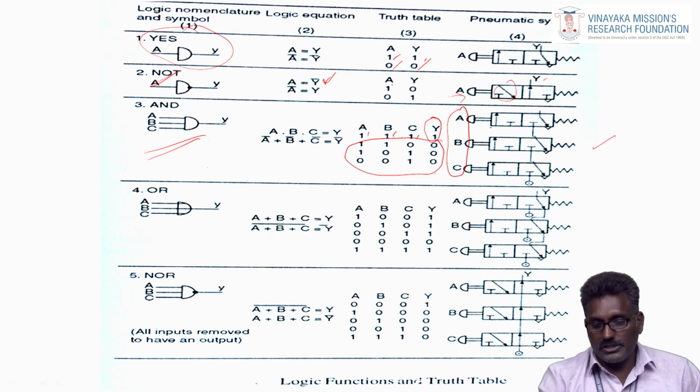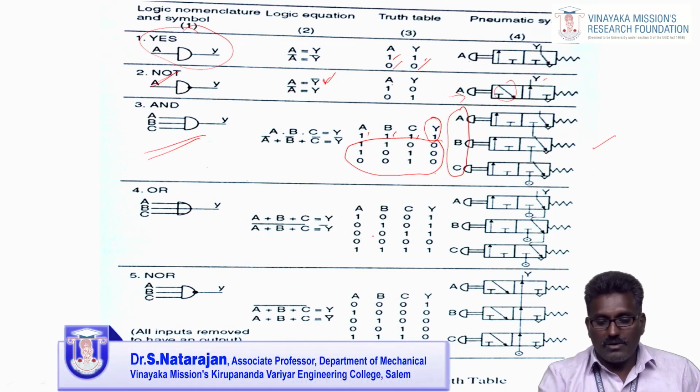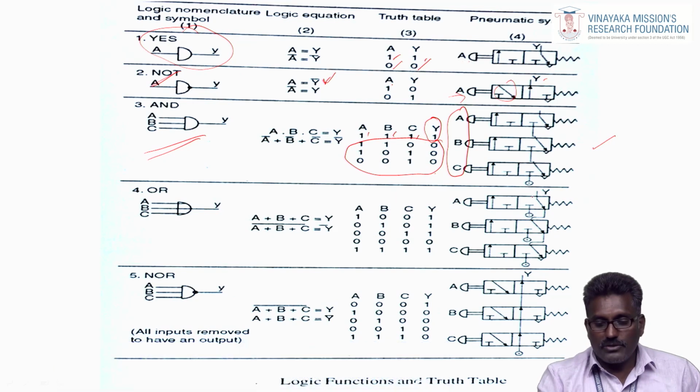And then the OR logic. You see in this OR logic, each and every switch is powered with compressed air. A is connected to the compressor, B also, and C also. Here you press any one button, and the output Y is there.